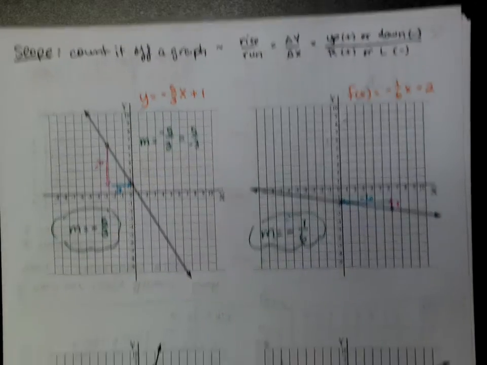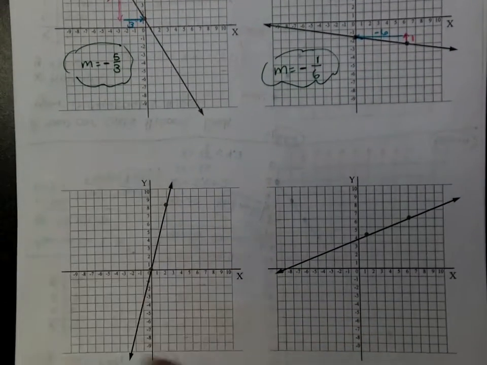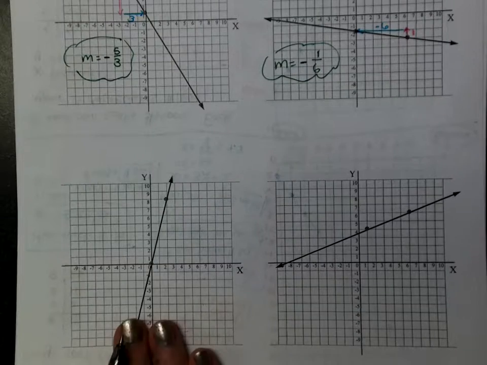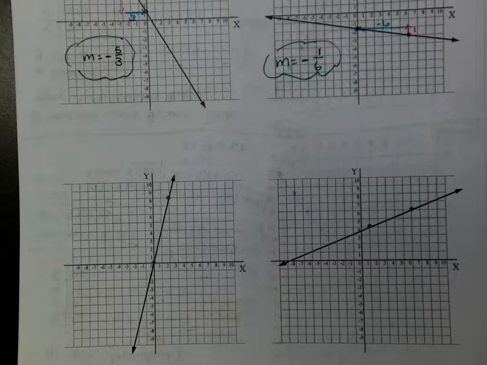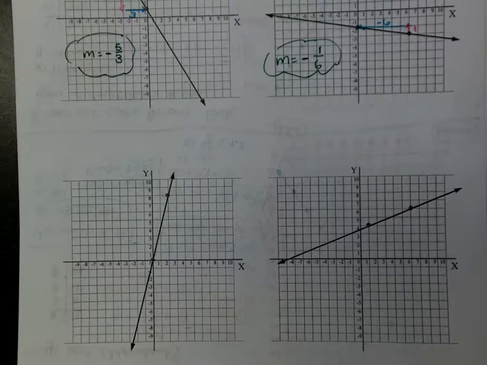So on this one, right here, this corner, find the slope and then write the equation. Go ahead and write it in both forms, just to see how they're the same. On the left? Yes, this one right here.